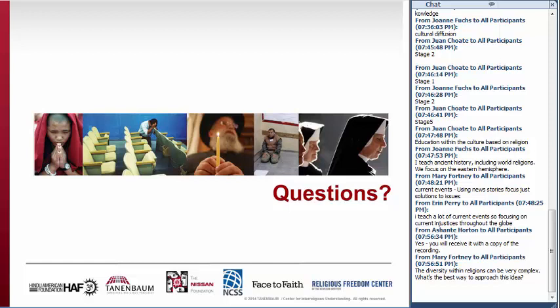Some statistics that we know about, and the Pew Forum is a great place for statistics around religion: about 37% of people, I think, in the United States are in interfaith marriages. The number is higher if you think about people who marry within Protestant traditions but are of different denominations. The number of people who practice a tradition different than the one that they were born into is somewhere close to 50% of people in the United States.